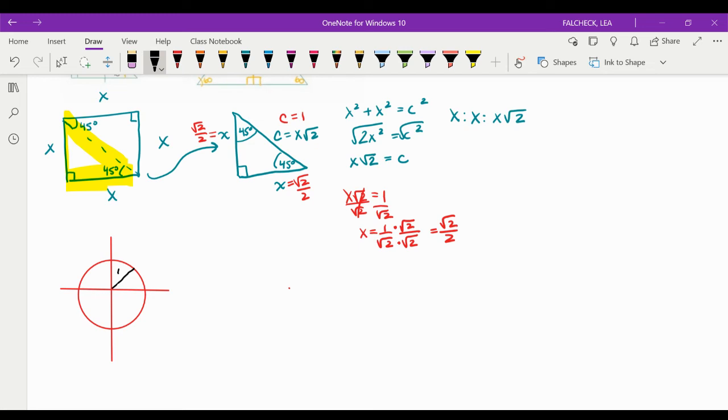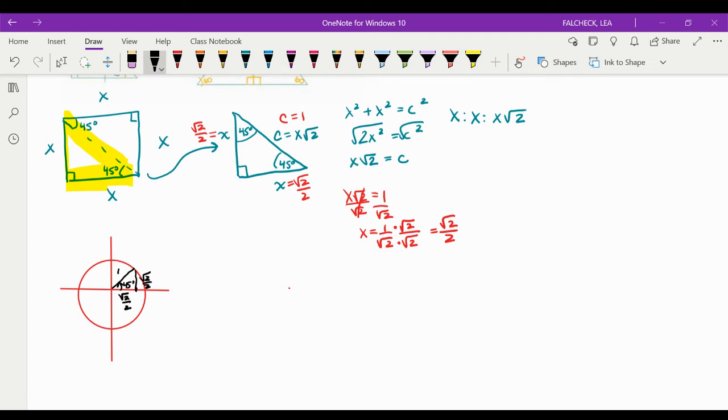So if I say I have a 45-degree angle here with a radius of 1, I know the side lengths of this triangle inscribed in the unit circle would be root 2 over 2 and root 2 over 2, because this is the hypotenuse and this is the reference angle of 45 degrees.